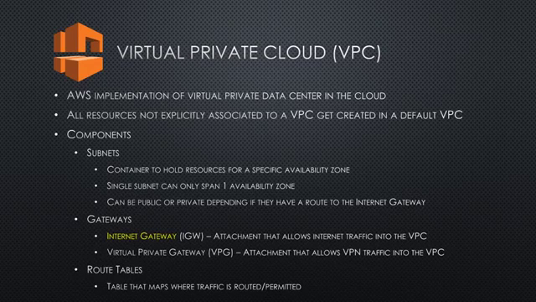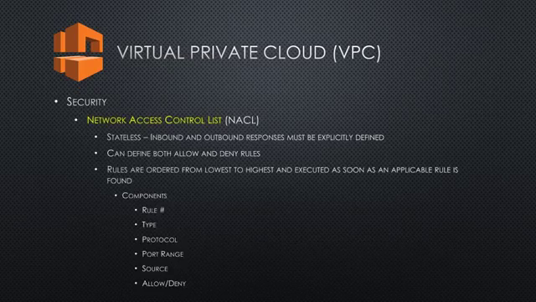The route tables and their corresponding links are what provide either internet access or not to subnets or resources. I know there's a lot here, but we're going to go over an example of this.